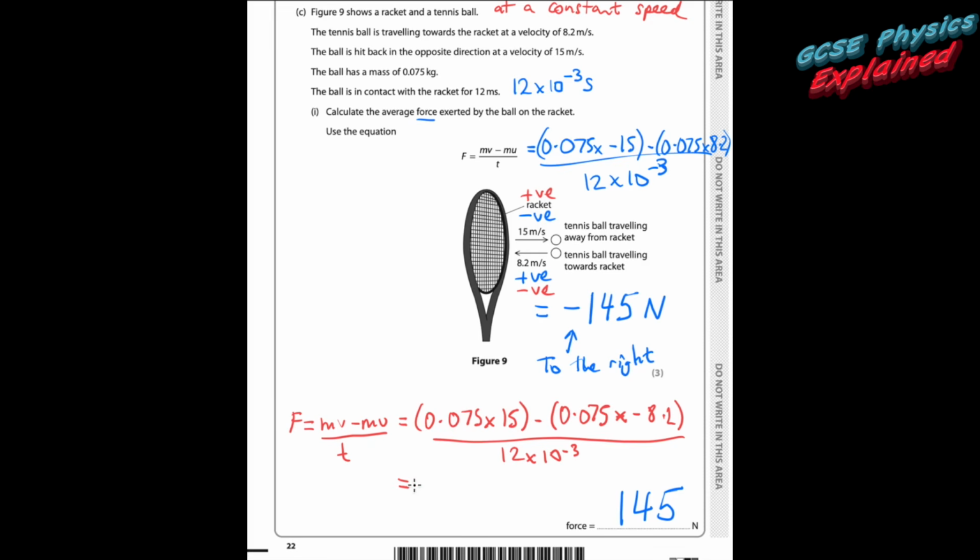And that equals 145 newtons. And because it's positive, we know in this world, the red world, positive means to the right. So once again, 145 newtons to the right. So it doesn't matter which way round you assign positive and negative. You still end up with the same answer, just in case you were wondering. Hope that helps.